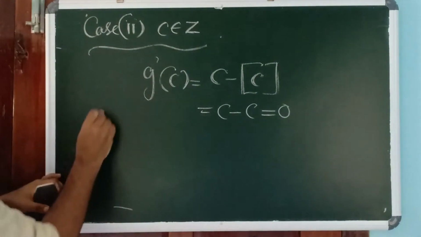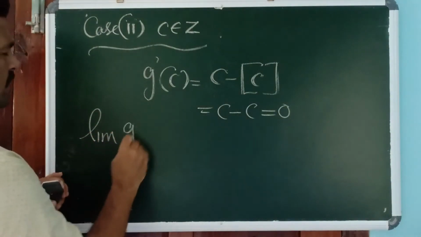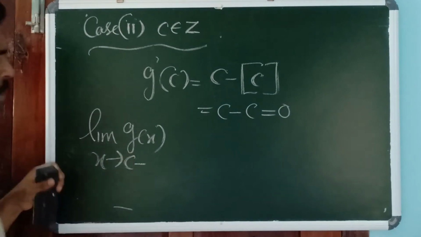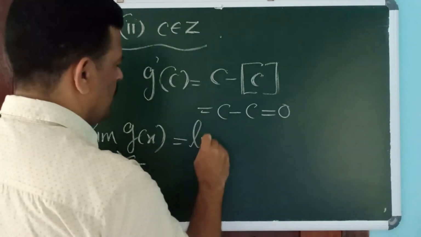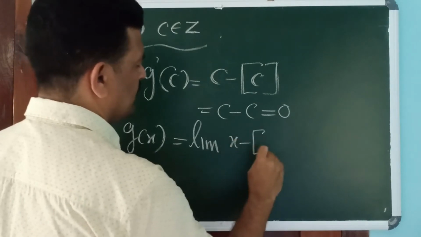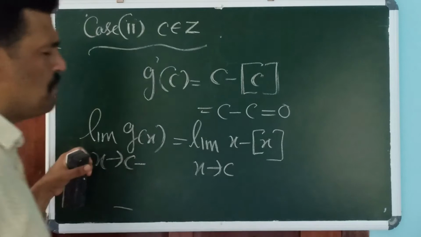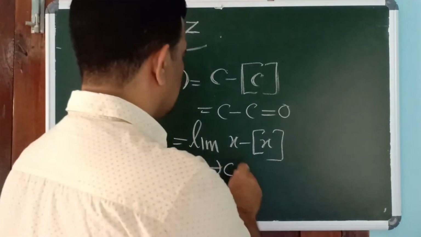Now we will find limit g of x as x tends to C minus, that is equal to limit of x minus greatest integer function x as x tends to C minus. Here we have to remember C minus.